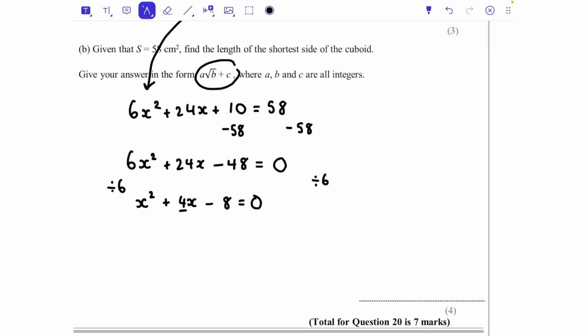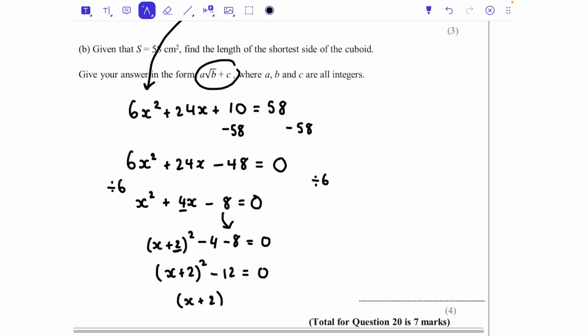So I'm going to half the 4, x add 2, all squared, take away 4, take away 8 equals 0. So you're always going to take away this number squared and then bring down the other bit. So I've got x add 2, all squared, minus 12 equals 0. So x add 2 squared equals 12. We're then going to square root both sides, but remember that when you square root with a quadratic, you've got a positive and a negative solution.